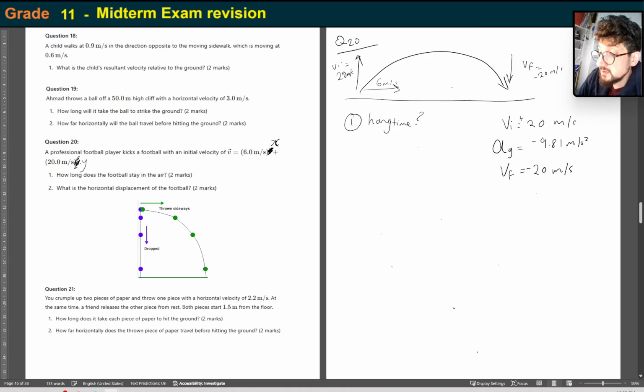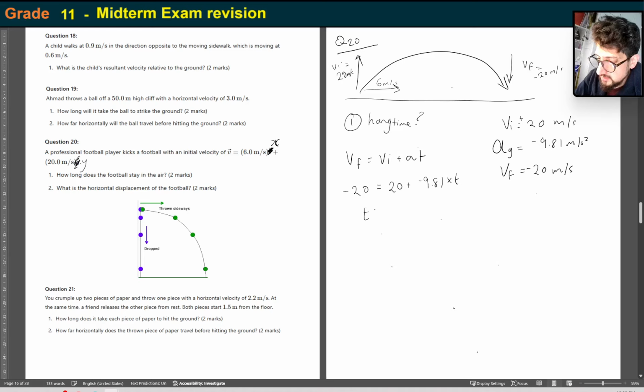Once I've got that, I can look at my formula, and I know that Vf equals Vi plus at, right? It's one of the formulas in the formula sheet. So let's see what I've got. I've got negative 20 equals 20 plus negative 9.81 multiplied by t. And so I can once again do some mathematical gymnastics.